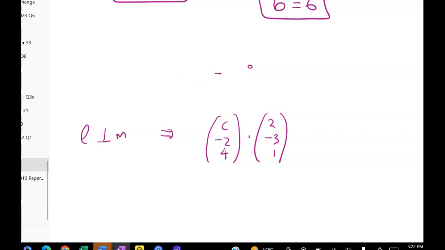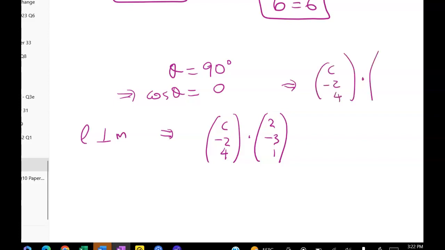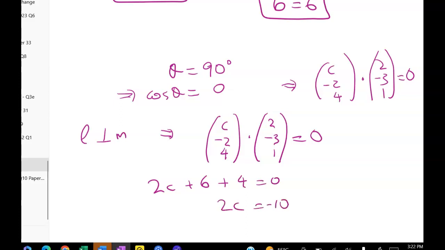Theta is equal to 90 degrees. Therefore, cos of theta is equal to 0, which means that (C, -2, 4) dot (2, -3, 1) is equal to 0. That gives me 2C plus 6 plus 4 is equal to 0. 2C is equal to negative 10, giving me C is equal to negative 5.